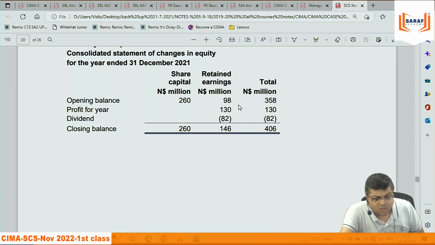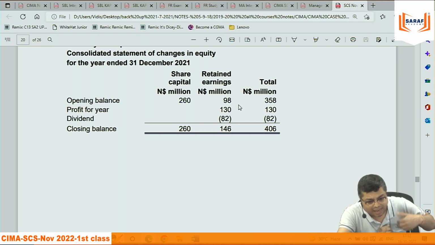You can't write due to limited information, because in the class we are discussing. In the write-up I will write for you. But in the exam you are the senior finance manager. You know everything. You can't write like that. You can word it like this, maybe. Not saying that this is because of limited information. You can say that this can be the reason. Now you are saying something for justification, I am saying something.